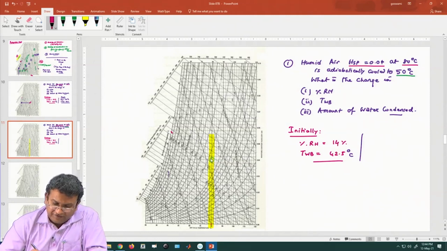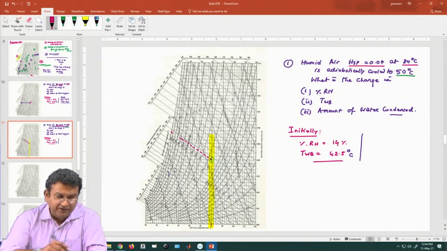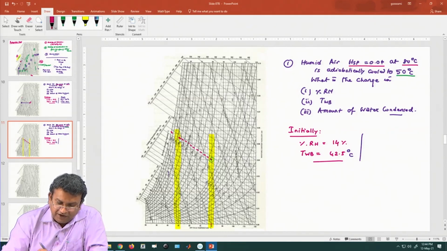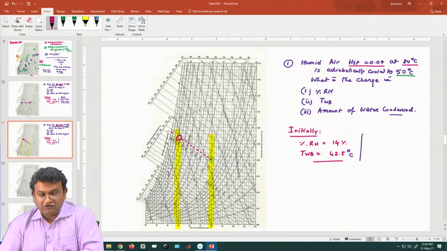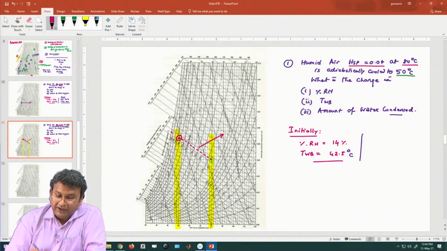So, the process propagates like this, following a line parallel to the wet bulb line, and it stops at 50 degree centigrade. When this line intersects the 50 degree centigrade dry bulb line, which will be somewhere over here, you stop. This is your adiabatic cooling.